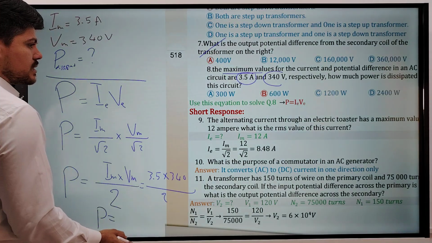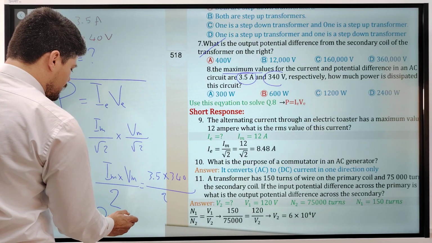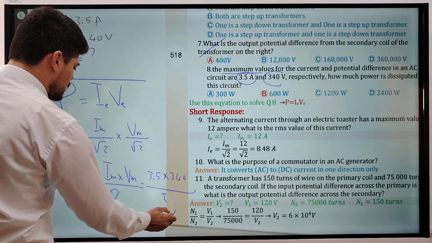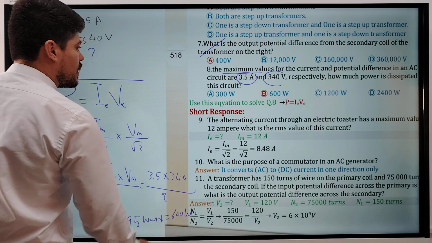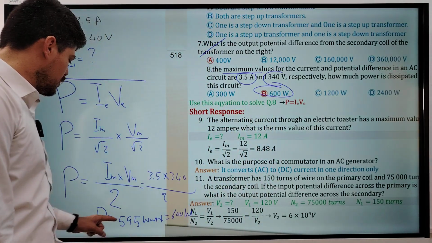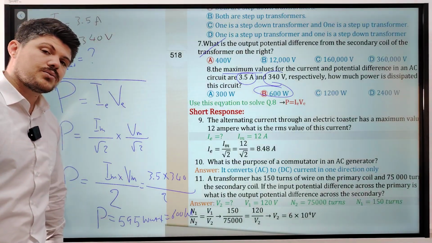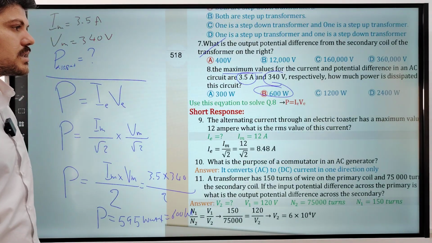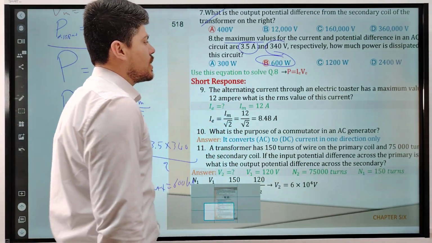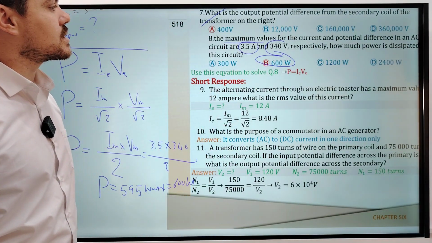P is equal to 595 watt, approximately 600 watt. The correct answer is 600 watt. But actually by calculator, you will get 595, not 600. But in this book, it's written 600 watt. They rounded up to 600, okay?